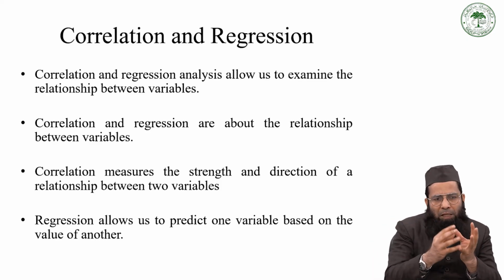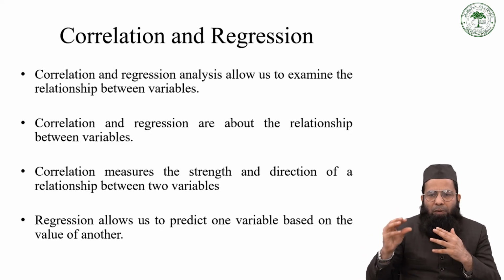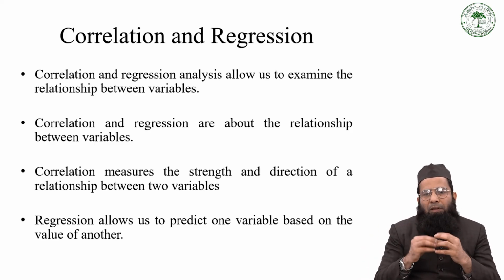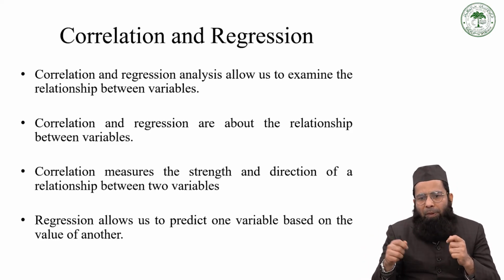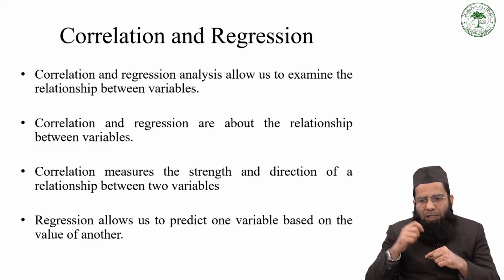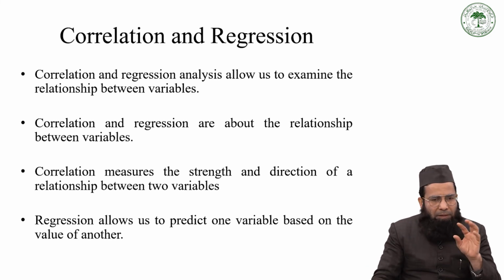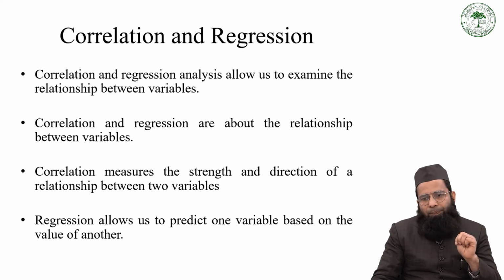On the basis of these parameters, we want to predict the lung disease. That can be performed using classification and regression. So that is the relationship between correlation and regression.